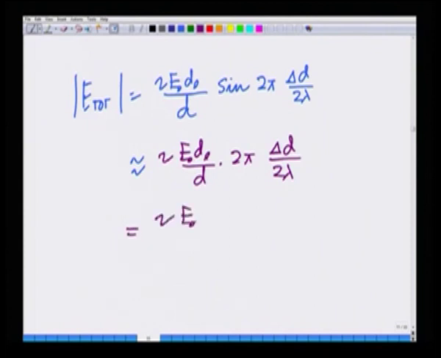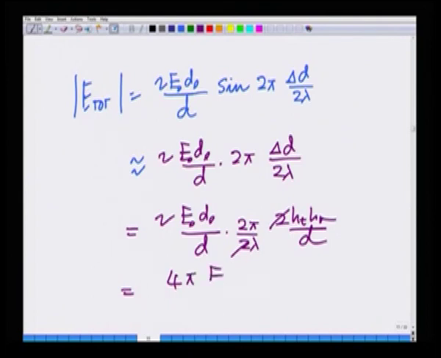And now, I replace delta d by 2 ht hr by d, which is essentially equal to 4 pi E naught d naught ht hr by lambda d square.